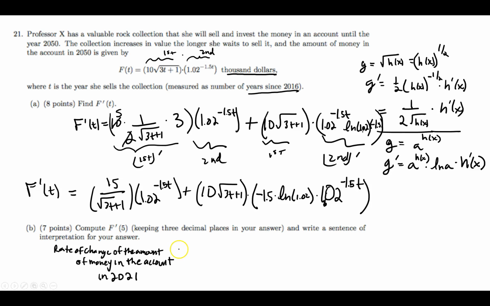So our job is to plug a 5 in and keep 3 decimal places in the answer. Okay, so we need to go to the calculator. One second.